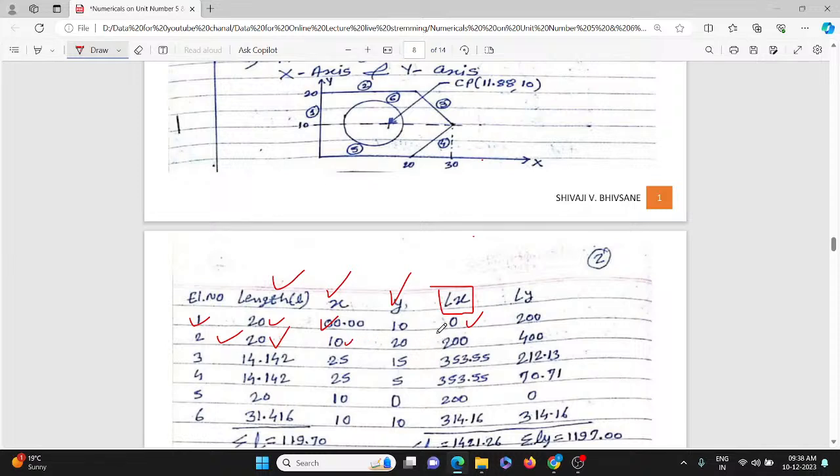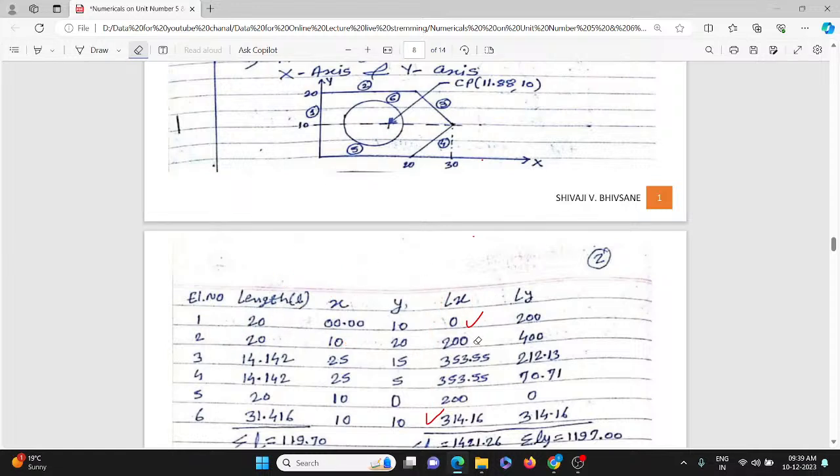In this way you can calculate Lx, that is the multiplication of the length of that particular element into x, the distance from y. We know these, so we can do the multiplication and get Lx. Very simple.